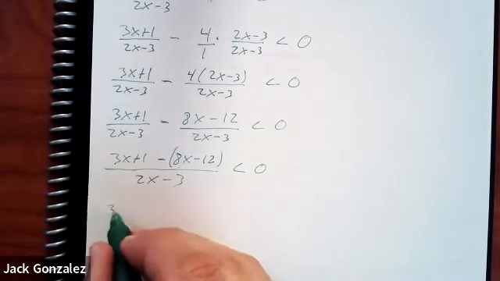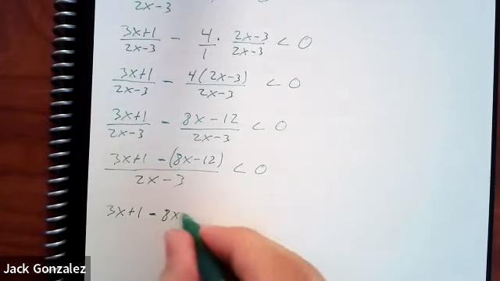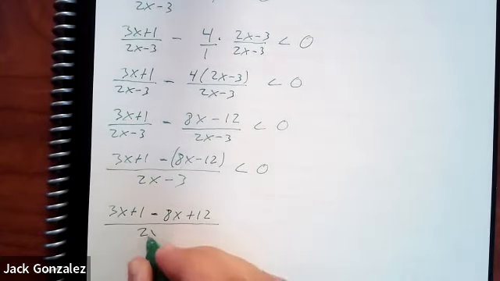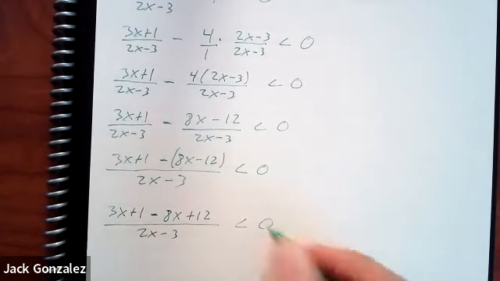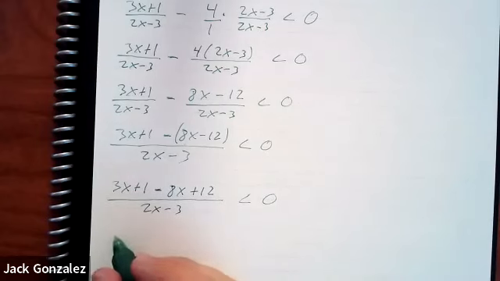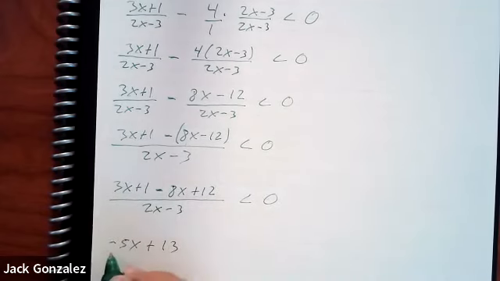Okay, I'm adding extra steps just because I know this is a little weird. Finally, you'll end up with negative 5x on top, plus 13.